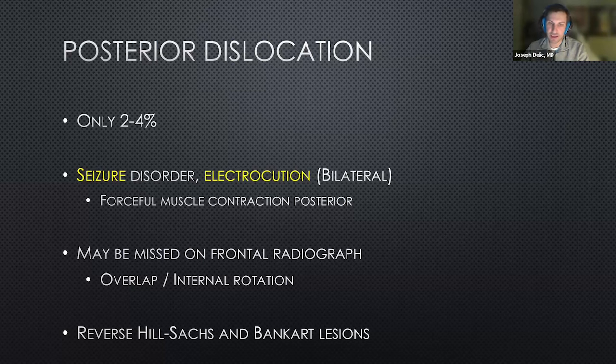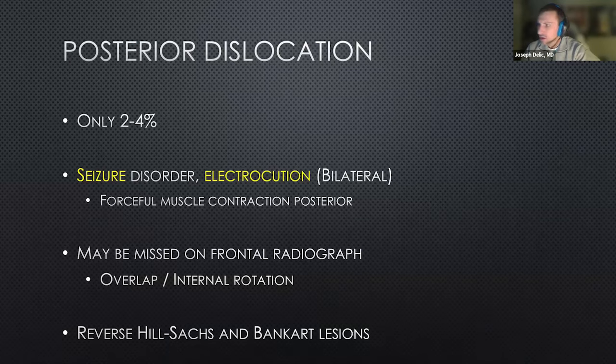When these processes happen, the muscles all tense and the patient kind of goes like this, everything tenses up. The posterior muscles are stronger than the anterior muscles and have a tendency to pull those humeral heads posteriorly. Because of that, you can get those posterior dislocations. Again, it can be difficult to see on frontal, so it's nice to have those other views. And we have reverse Hill-Sachs and Bankart lesions relative to those.